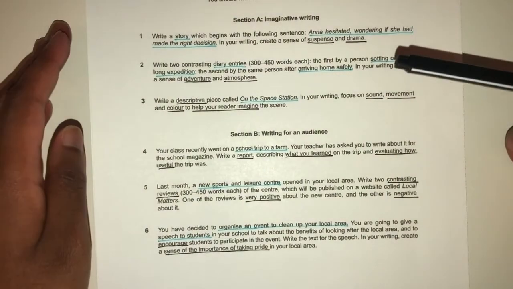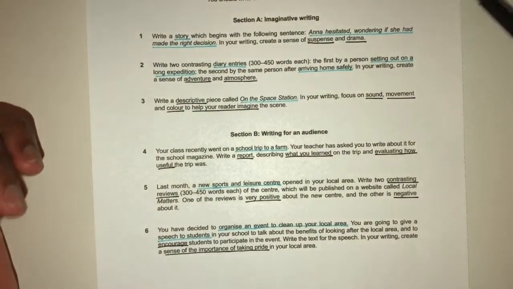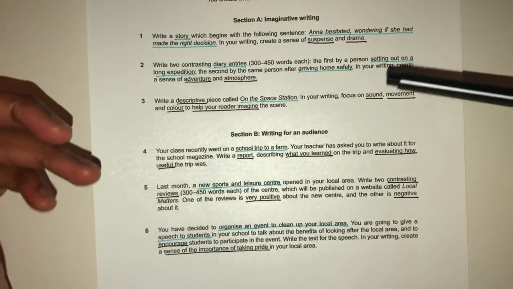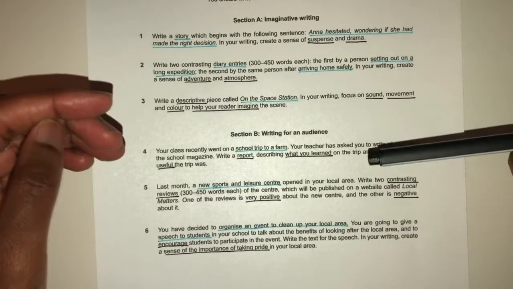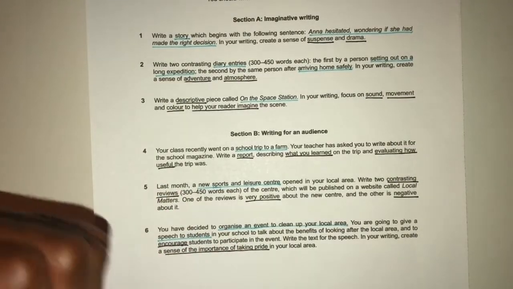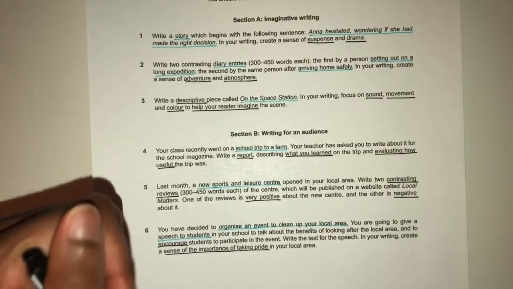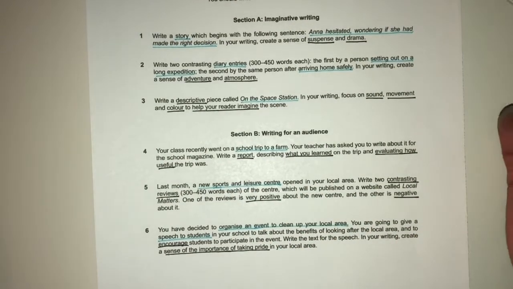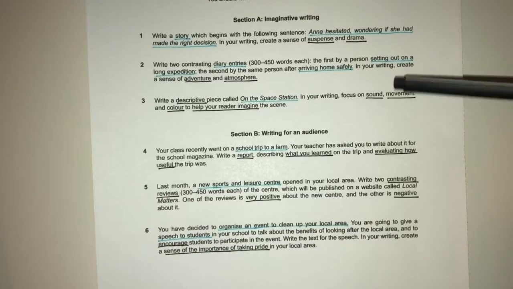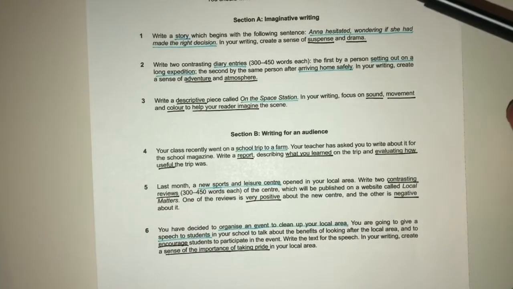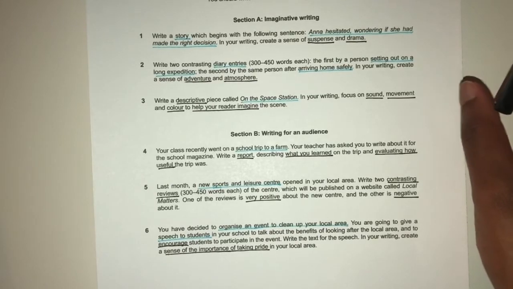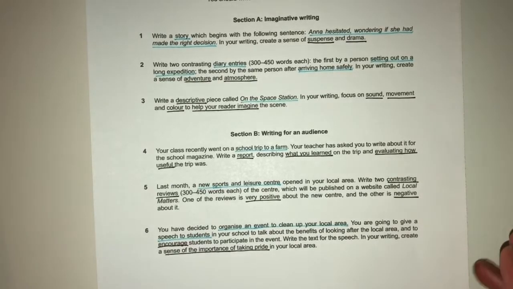Based on how popular the choices are, I'll make another video where I will walk you through a complete solution. But for this video, for each question, I will give you tips and tricks on how to approach it individually and how to figure out what you're going to write to get all your marks.